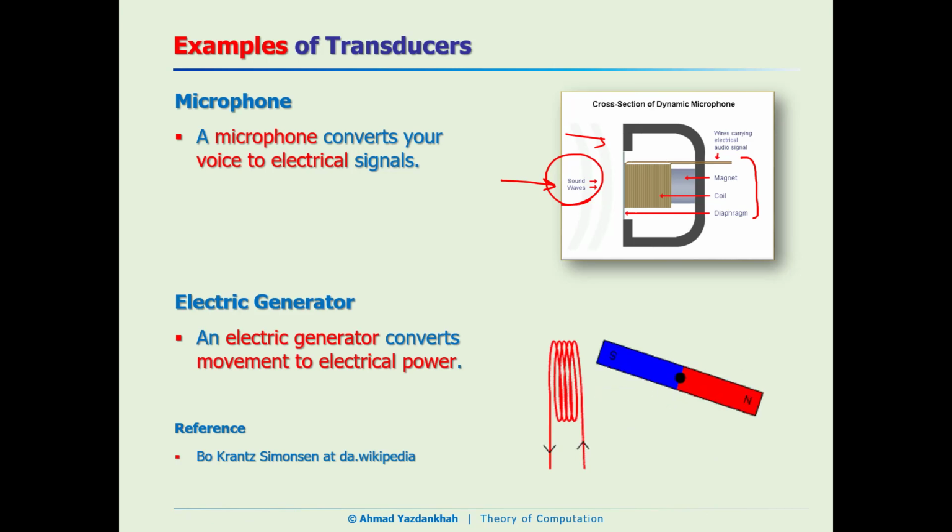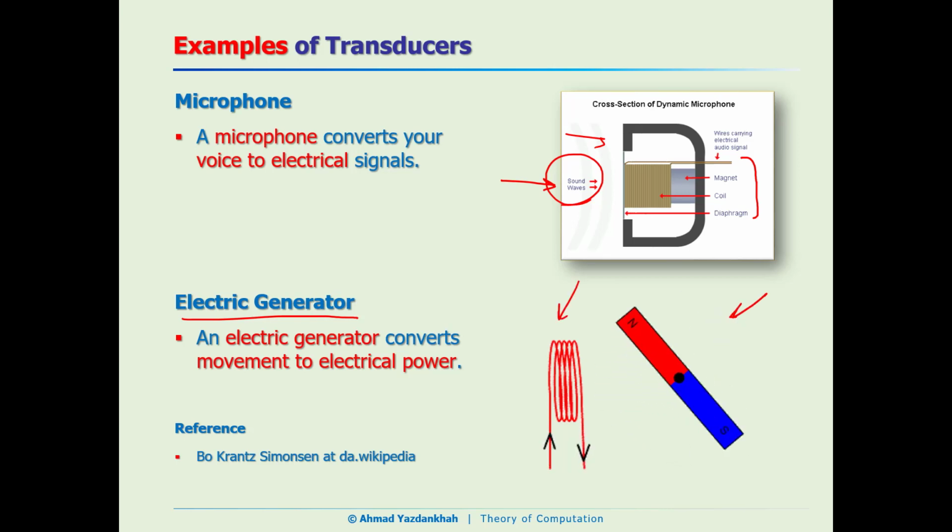Another example is the electric generator. When you move a magnet in front of a coil, it produces electrical power. And this simple picture shows the principle of how we can generate power. So this is another example of a transducer.